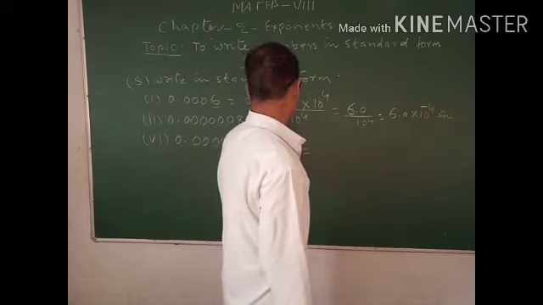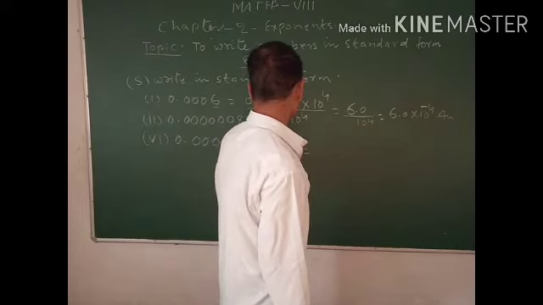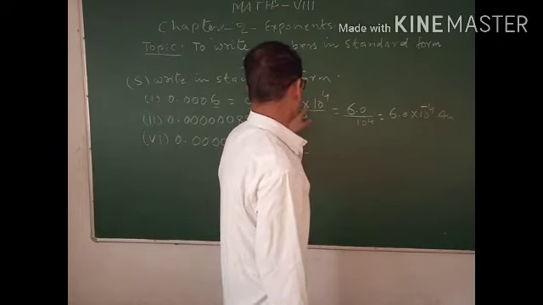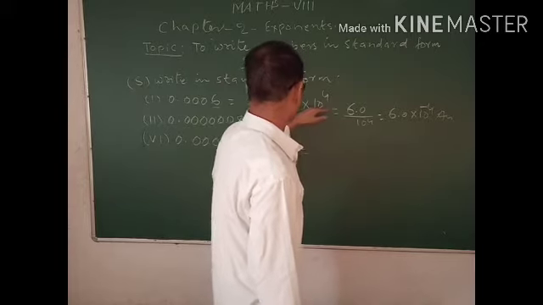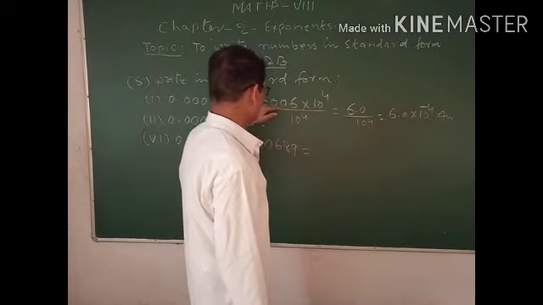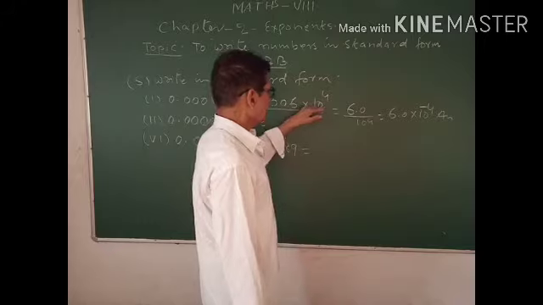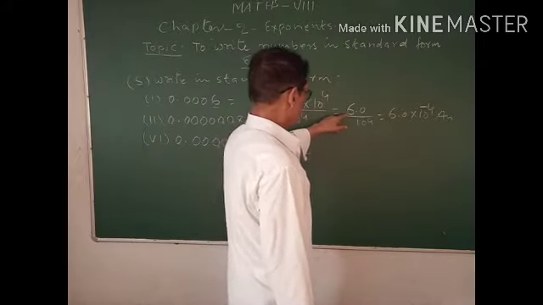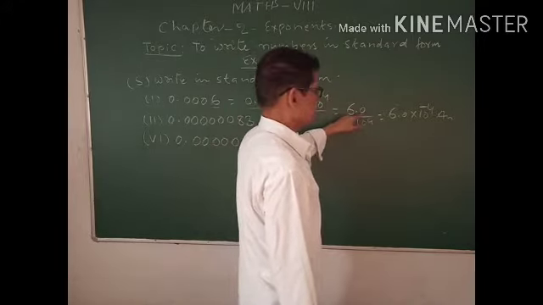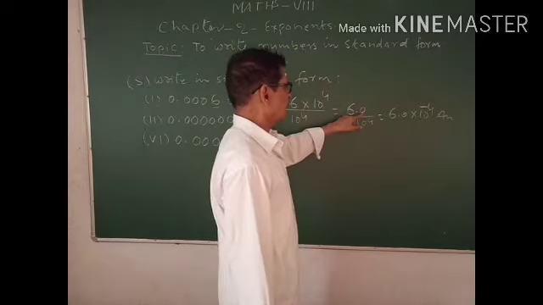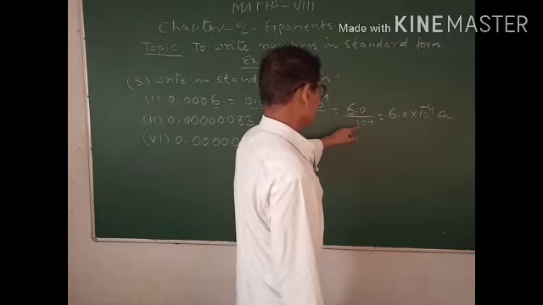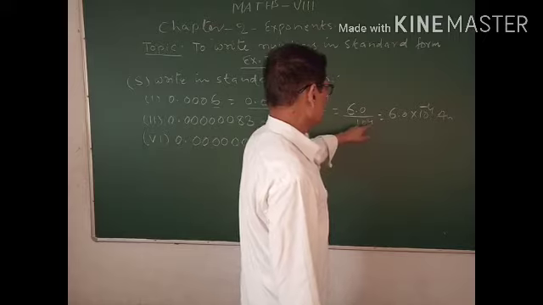Here you can write 0.0006 multiplied by 10 to the power 4. If you multiply 10 to the power 4, automatically here will be 6.0. That is, there is no digit after decimal, and this will be left over 10 to the power 4.